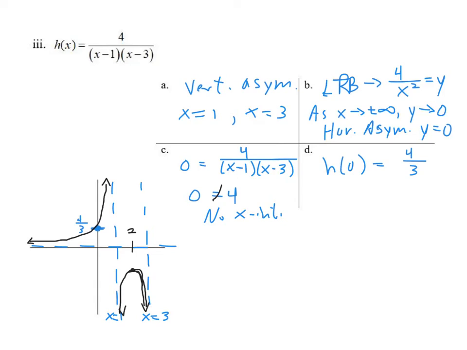All right. And then let's also check to the right of x equal to 3. Let's plug in 4 up into our function here. We'll have 4 over 4 minus 1, which is 3, times 4 minus 3, which is 1.